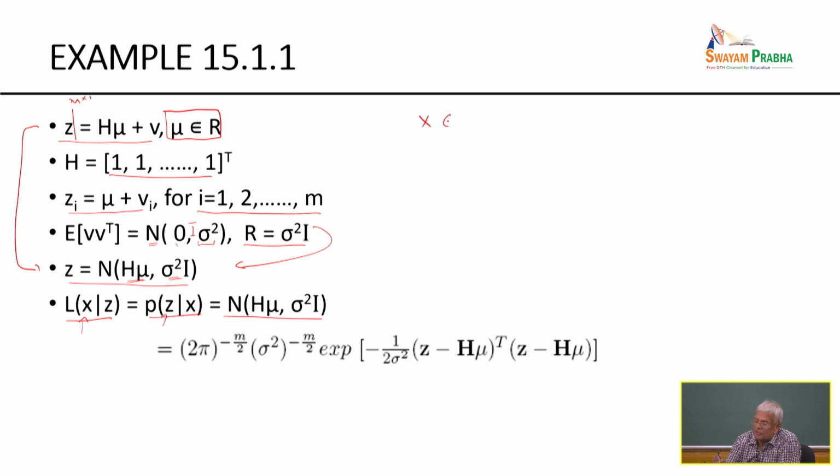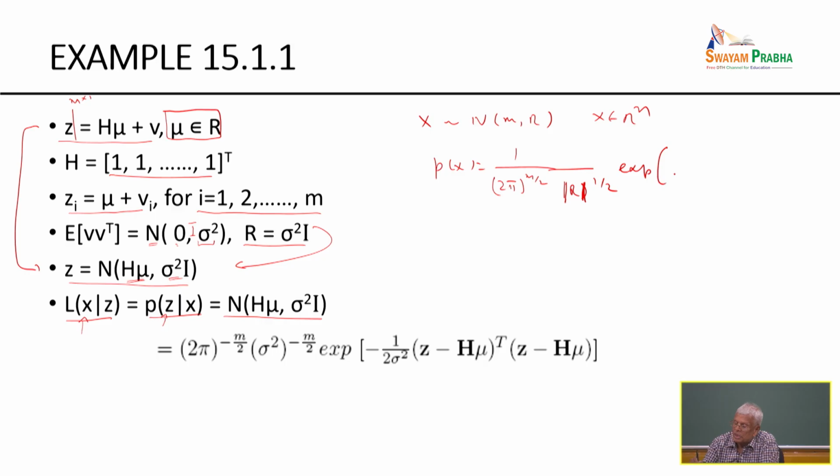If x is a normal random vector with mean m and covariance R, and x is an n vector, the probability density function is 1 over (2 pi) to the power n by 2 times the square root of the determinant of R, times exponential of minus one half x minus m transpose R inverse x minus m.